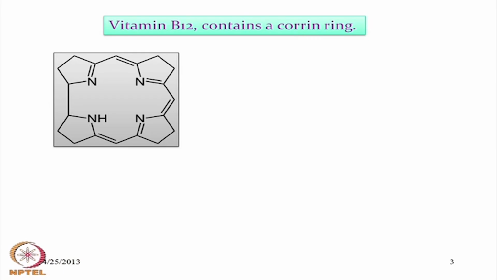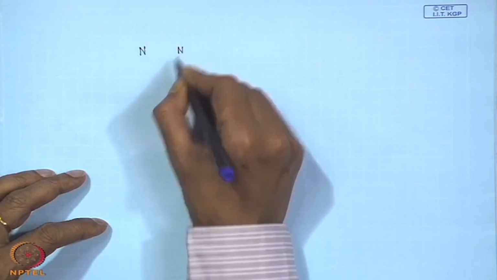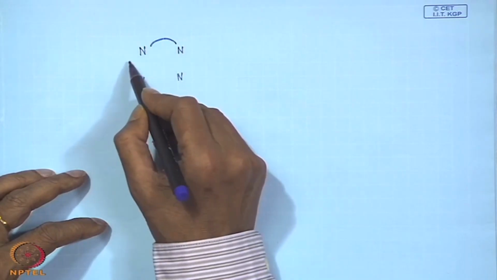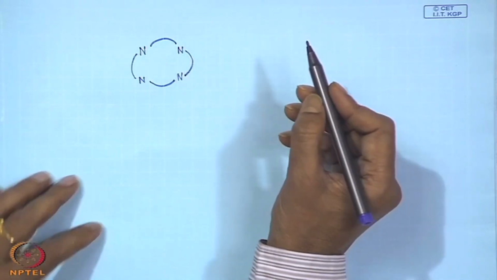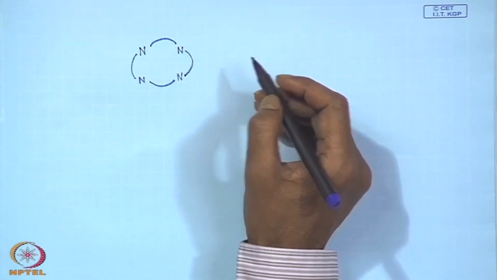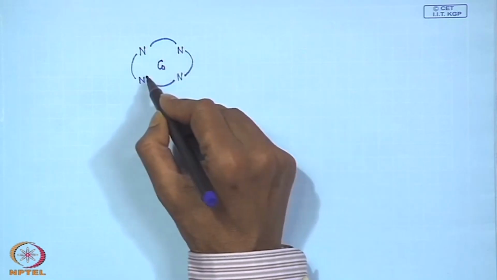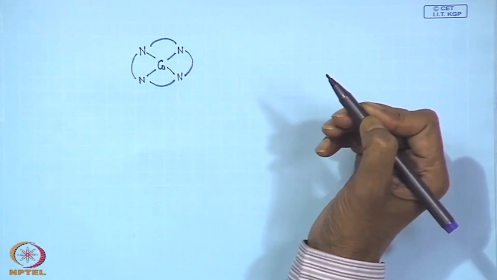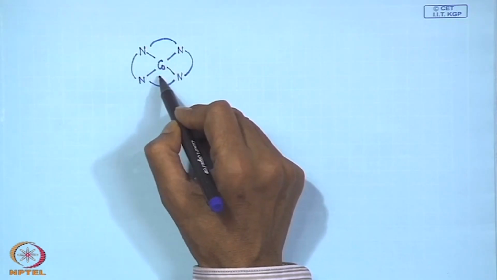So, these are all just moving from one system to the other, and here also we see that the connectivity is again through the 4 pyrrole rings, and in some cases they are reduced, and this particular system utilizes a different metal center to bind, and this is the corresponding cobalt system. So, we can have a different type of metal center and a different type of ligand for its coordination to give us a vitamin system.